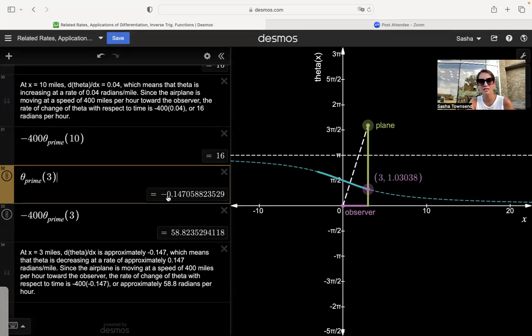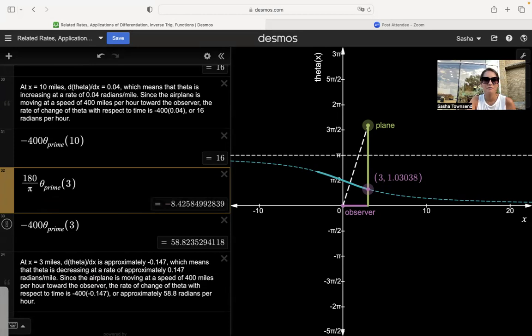We'd see that the value is negative 0.147, which again tells us that the theta value is decreasing by 0.147 radians per mile at that point. Or if you want, you can multiply by 180 and divide by pi. So that means the theta value is decreasing by 8.4 degrees per mile at that point.